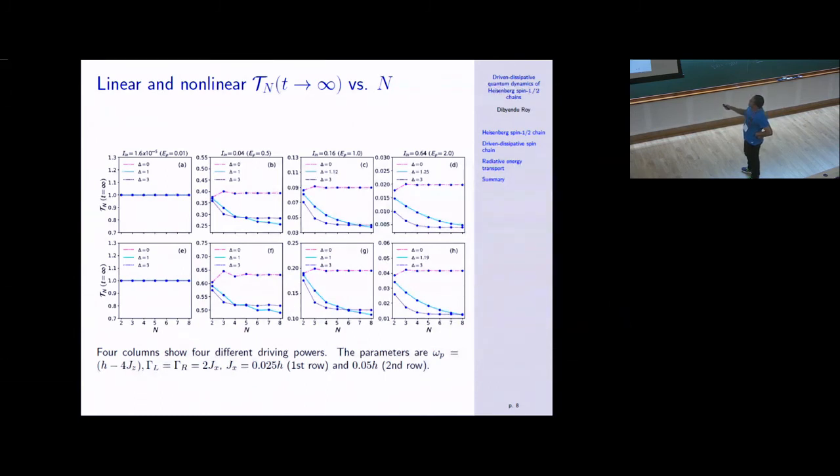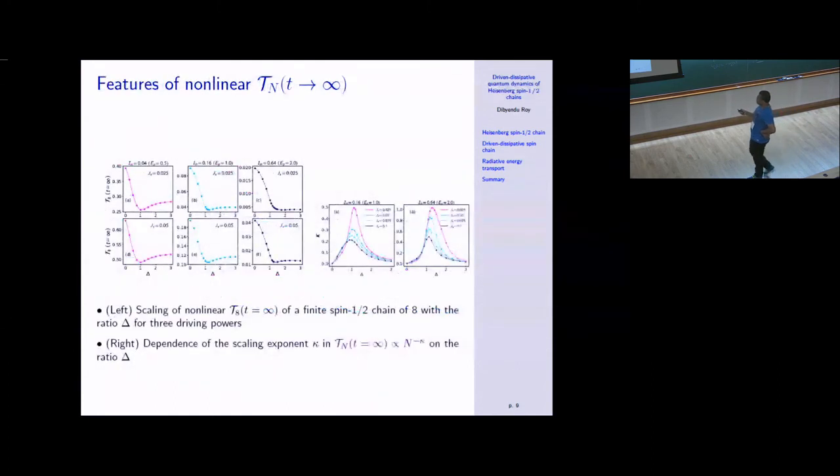But delta near 1 seems to show a strong dependence on n, which though it seems from here that it may saturate, actually we have seen that if I increase the driving power, it does not saturate. So in fact, if I call the scaling of tau n with n as n to the power minus kappa, the kappa coefficient becomes larger and larger as I drive. So it seems that it will not saturate at delta close to 1.